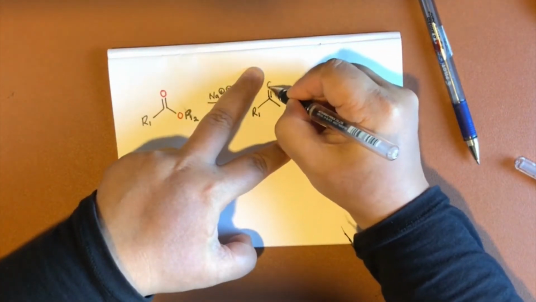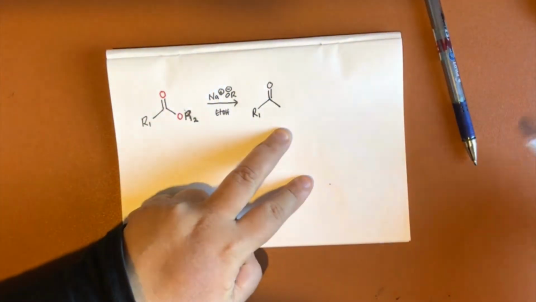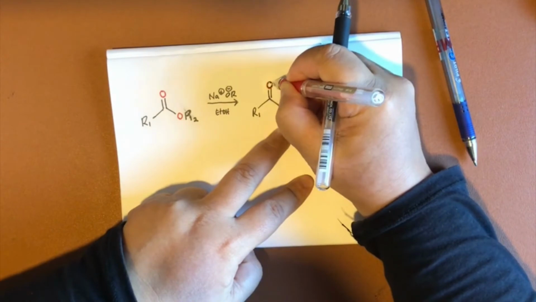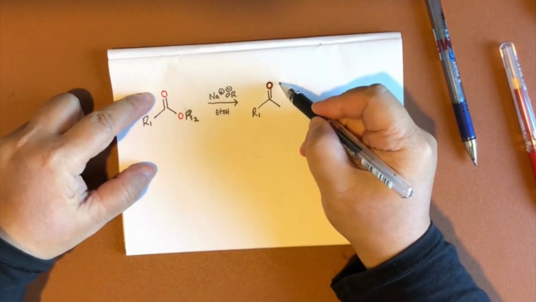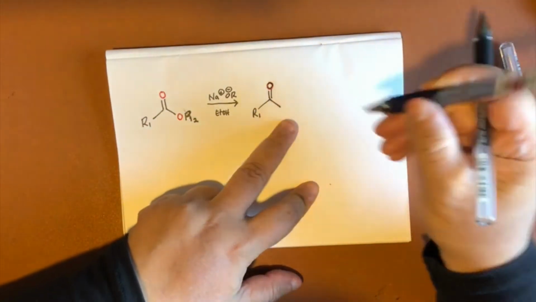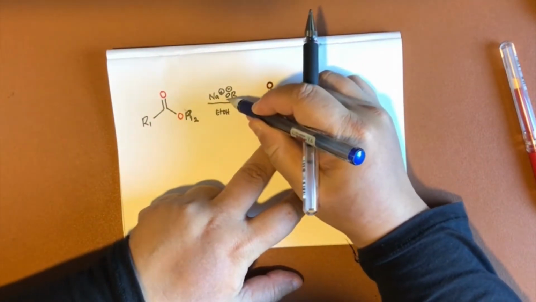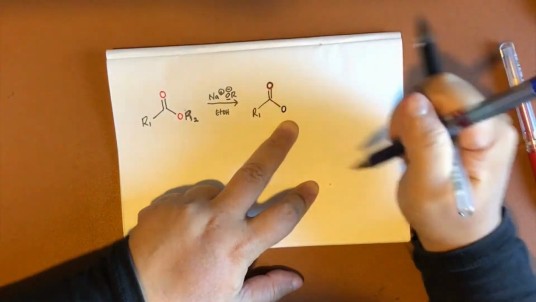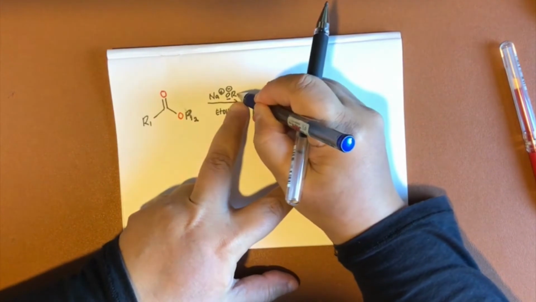Let me just, oops, sorry. I should have used the red one here. Okay, and that oxygen remains, and now we have a new oxygen coming from this alkoxide. So I'm going to put R, I should have labeled it as R3.